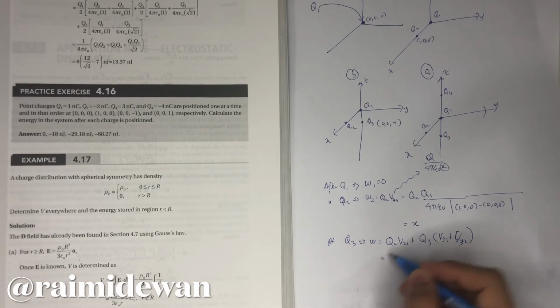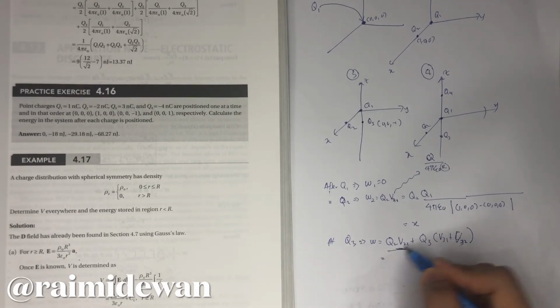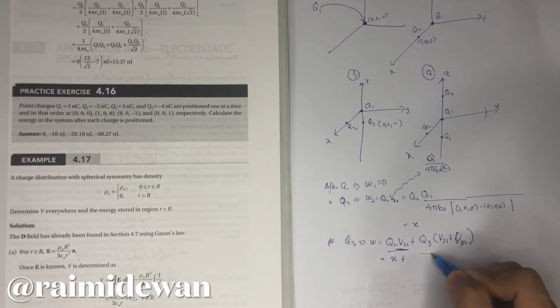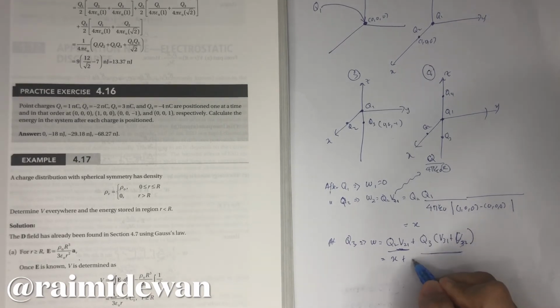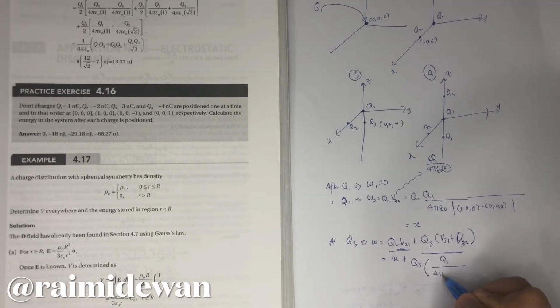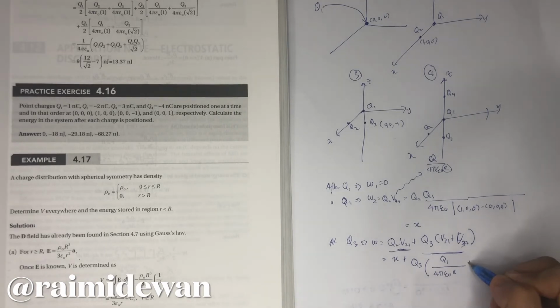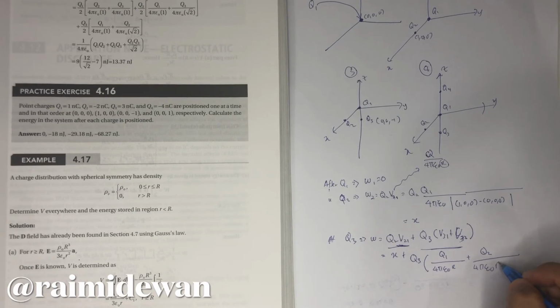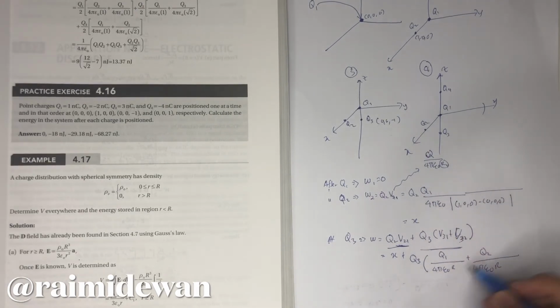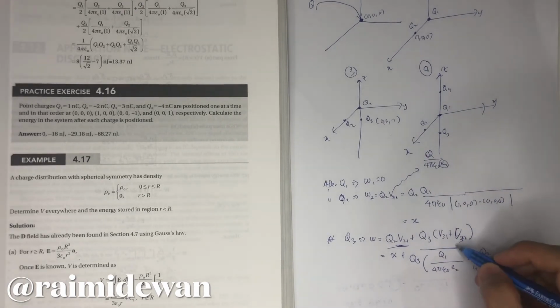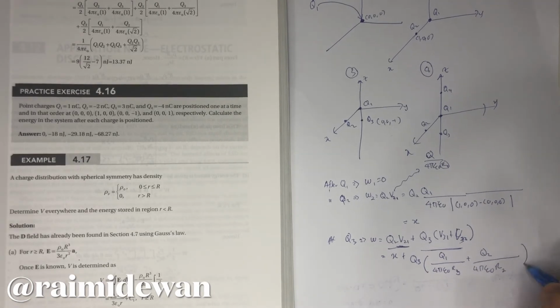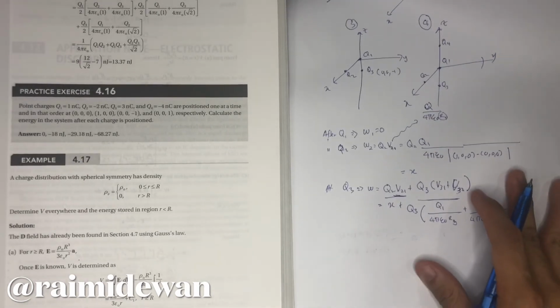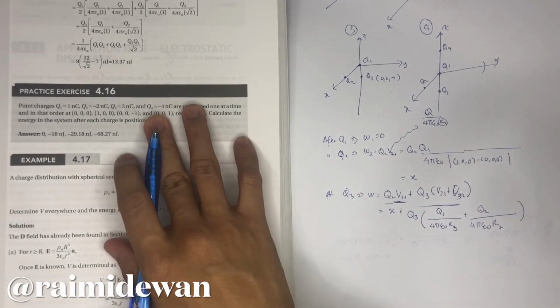Then similarly you further elaborate. So you have your Q3, then Q1 over 4 pi epsilon naught R, and Q2 over 4 pi epsilon naught R. This R is the distance due to 1 to 3, and this one is due to 2 to 3.